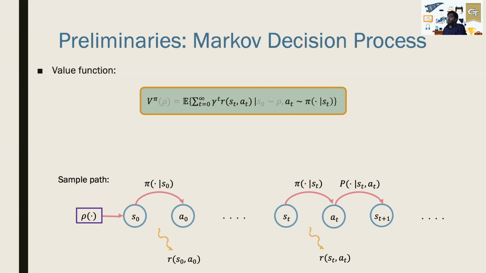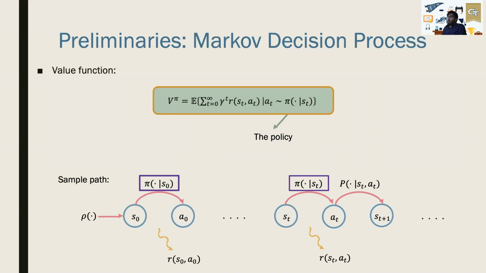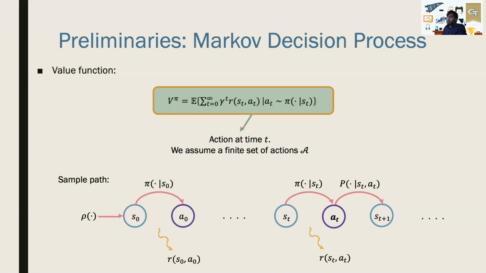Other elements of this objective function are the policy, of which I'm trying to find the best, and also the actions. The actions at each time step come from a distribution, and this distribution is actually this policy. So these actions are sampled from this policy in this manner.